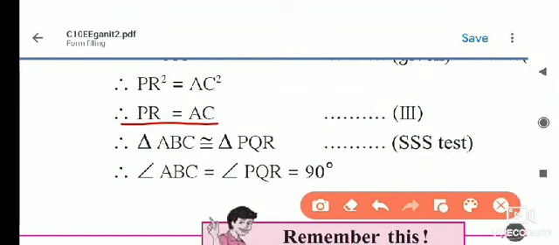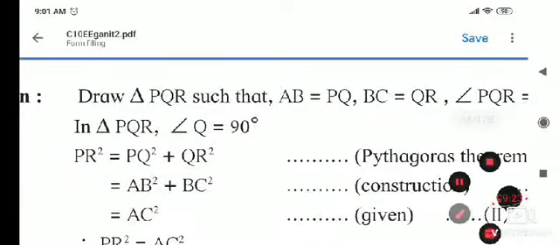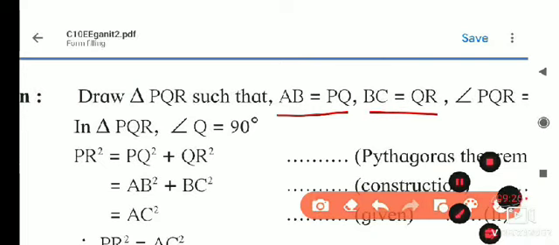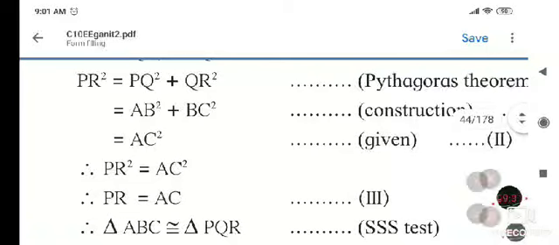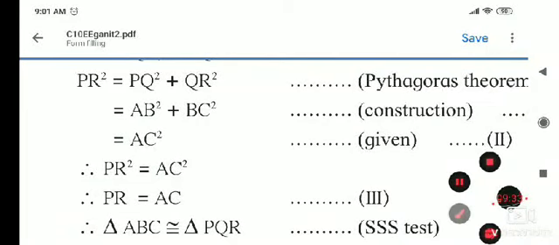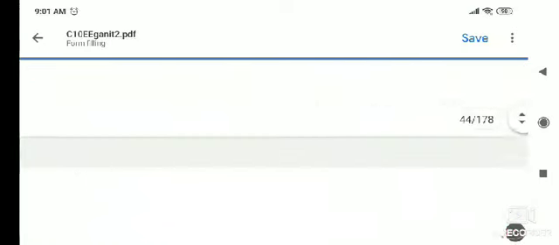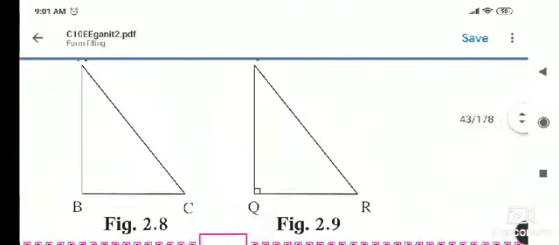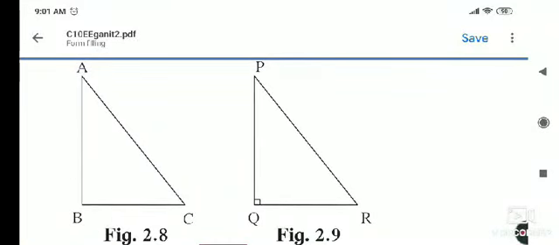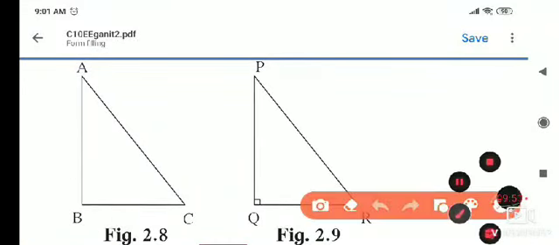Now according to our construction, we took the two sides, AB equal to PQ and BC equal to QR. We took them equal in measure, and here we proved that PR is equal to AC. Now by the SSS test of congruency, these two triangles ABC and PQR are congruent to each other, and once they are congruent, all their angles are also congruent.